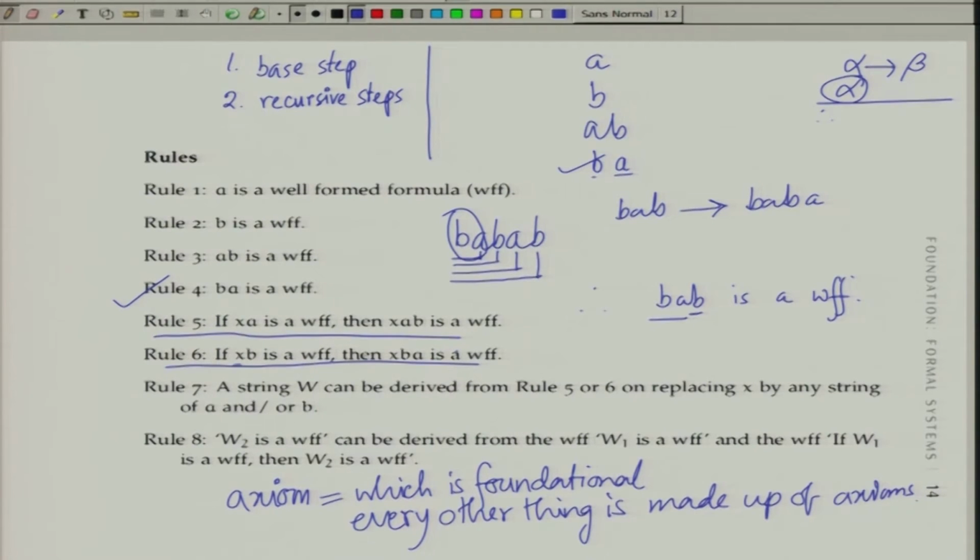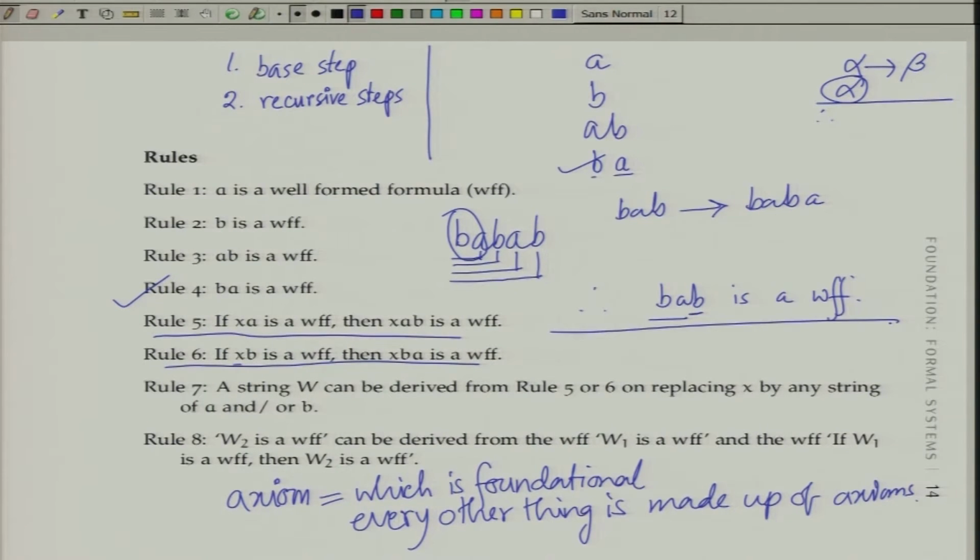So that I do by using rule 6, not rule 5. In the previous step we used rule 5, now we are using rule 6, and by doing that, already I have BAB and by using rule 6 I get, if BAB is a WFF then BABA is a WFF. I combine the two, I do modus ponens once again.